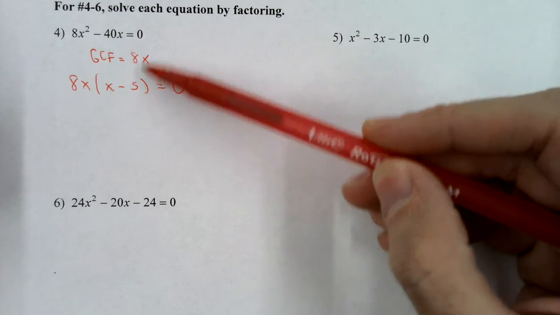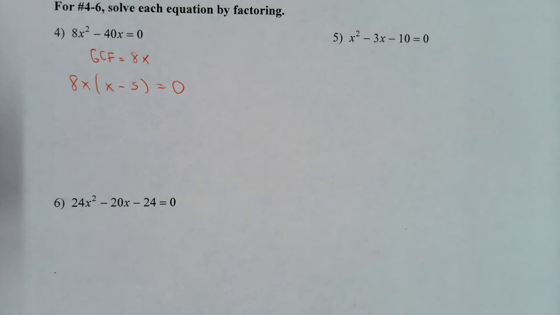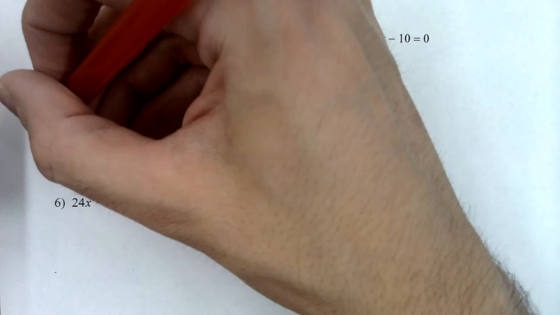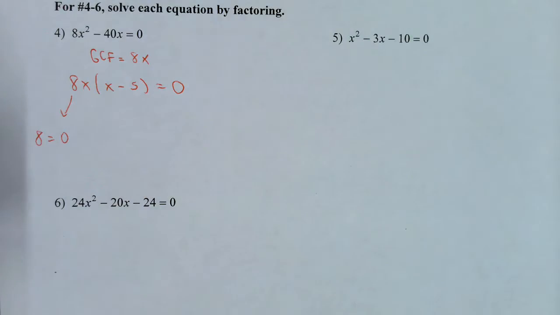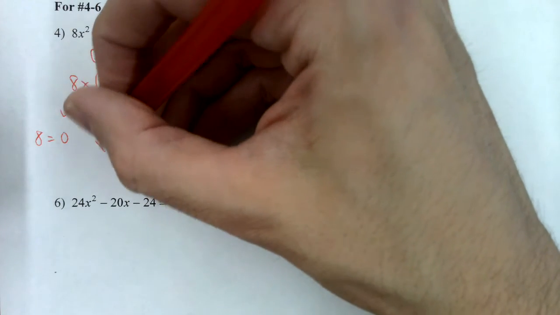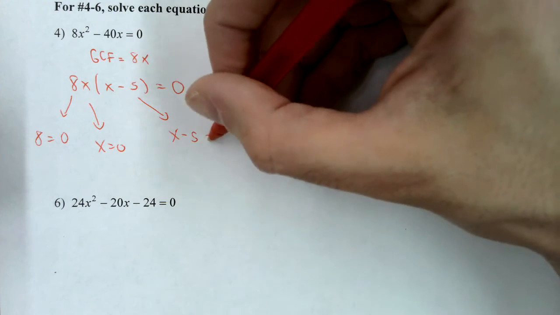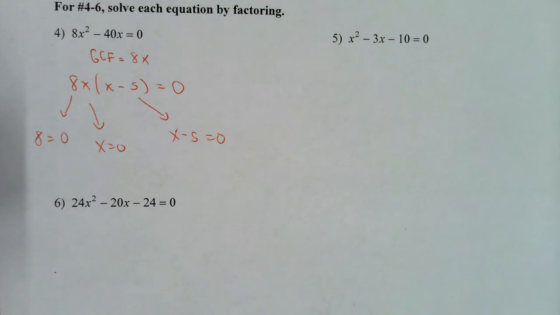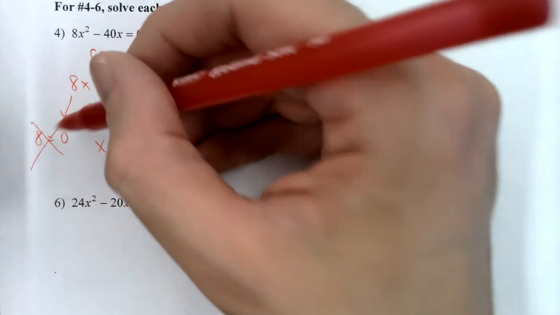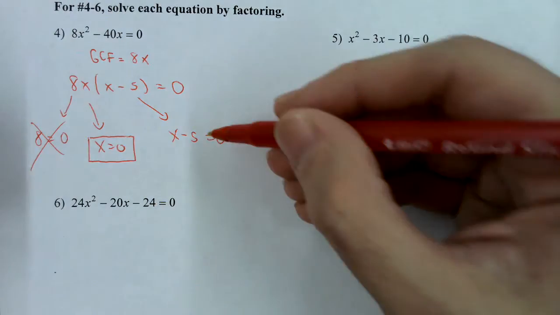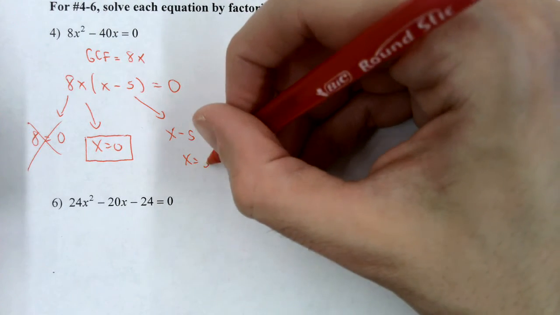And 8x times -5 is -40x. Okay. Now set each factor equal to 0. We have 8 equals 0, x equals 0, and x minus 5 equals 0. 8 equals 0 makes no sense. Ignore that one. x equals 0 is one answer. Solve this, and you get x equals 5 for the other answer.